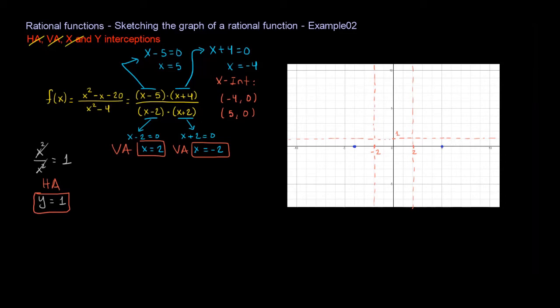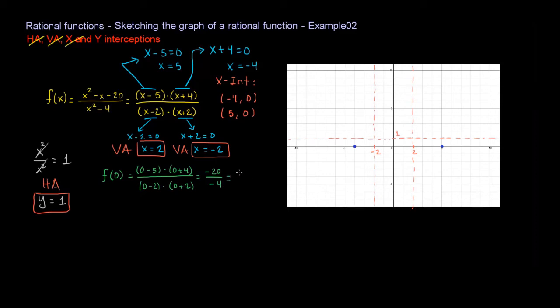Now the only thing missing is finding the y intercept. In order to find the y intercept, you've got to substitute the x with 0. So it will be 0 minus 5 times 0 plus 4, all over 0 minus 2 times 0 plus 2. Here we get negative 5 times 4, which is negative 20, over negative 2 times positive 2, which is negative 4.